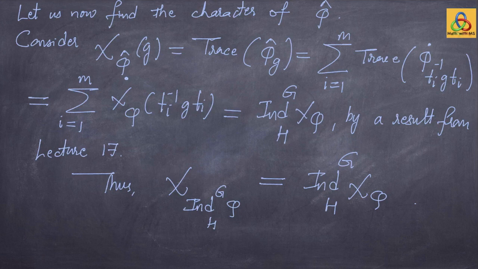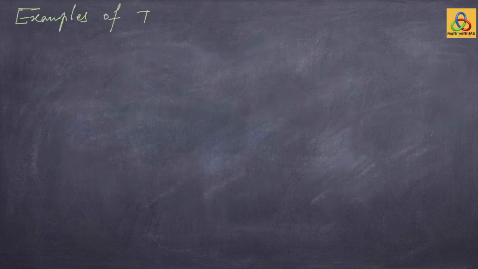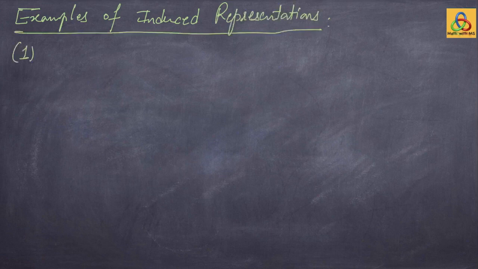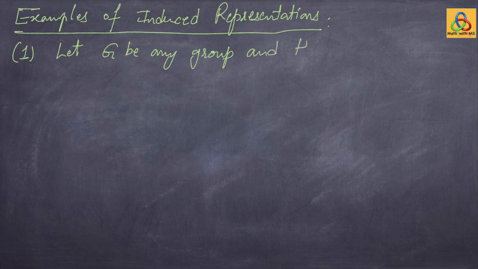Let us now discuss some examples of induced representations. Let G be any group and take H to be the trivial subgroup. Then what are all representations or characters of the subgroup H?